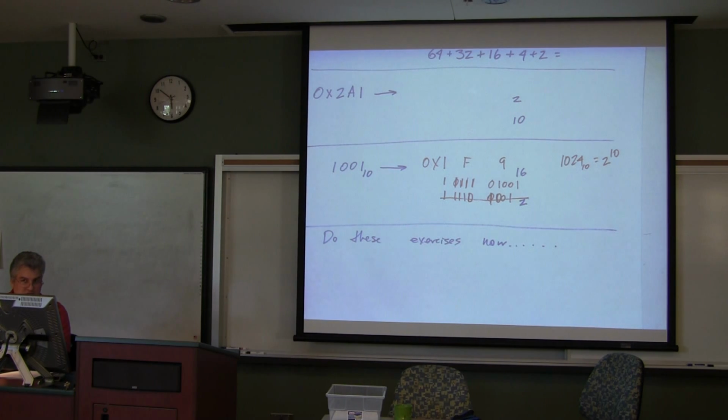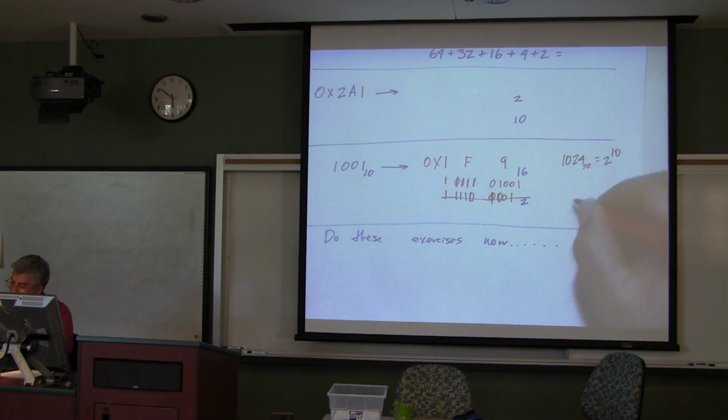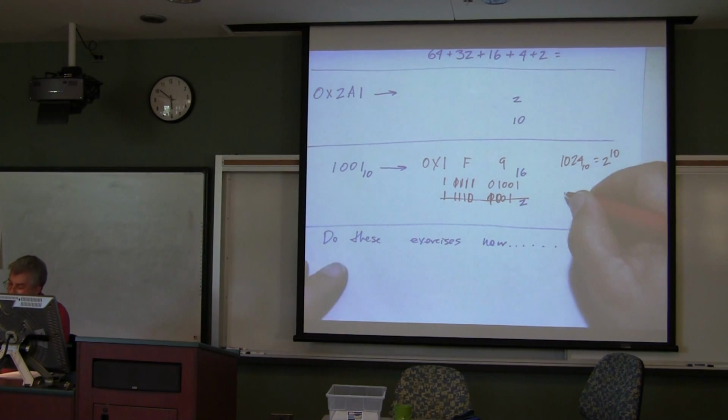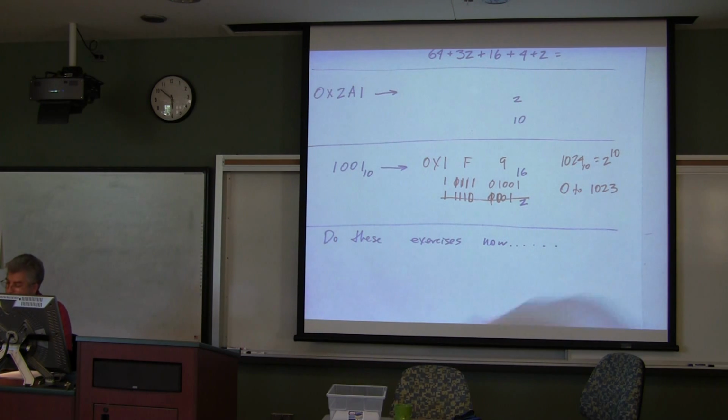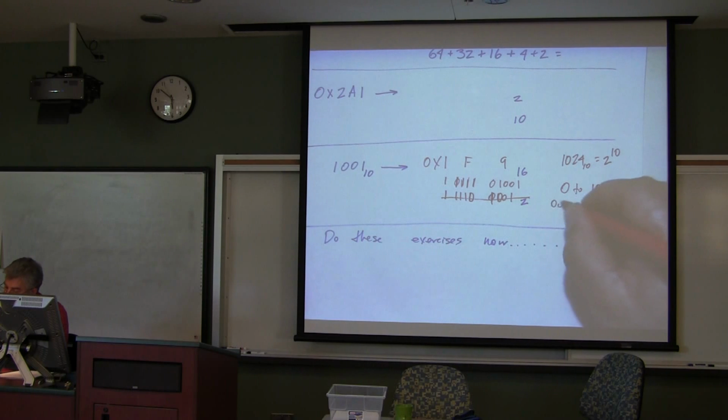With 10 bits, you could represent from 0 to 1023, from all zeros to all ones in base 2.